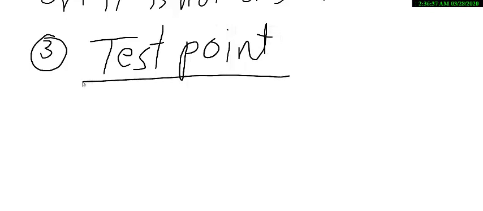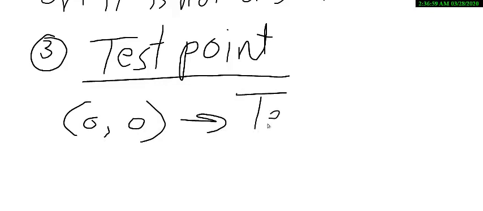A test point is a point chosen from the xy coordinates not belonging to the bounded line, and we have to check whether that point satisfies the inequality or not. How can we do that? First of all, I'm gonna pick the point (0, 0) because it is an easy point. So (0, 0) will be a test point.